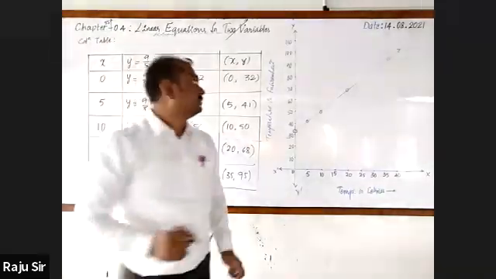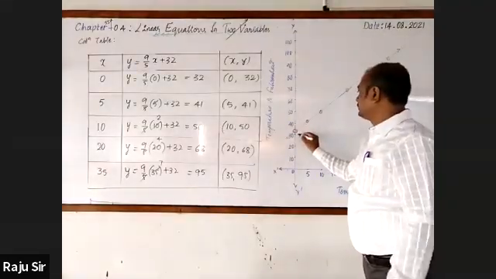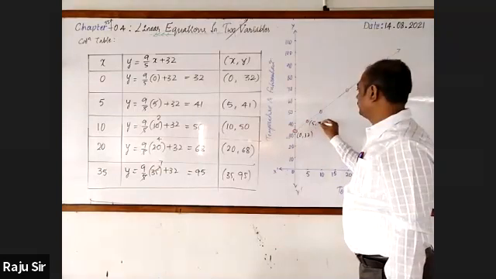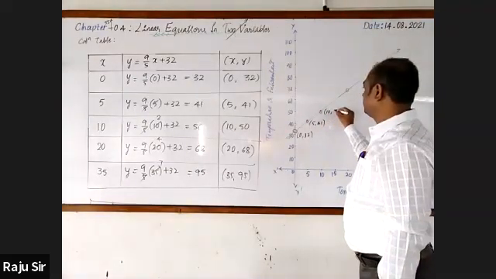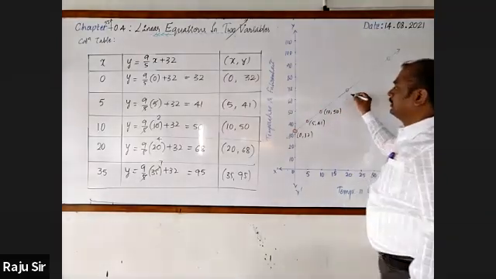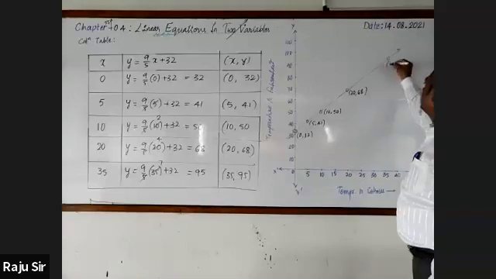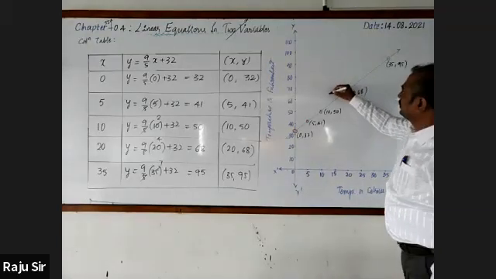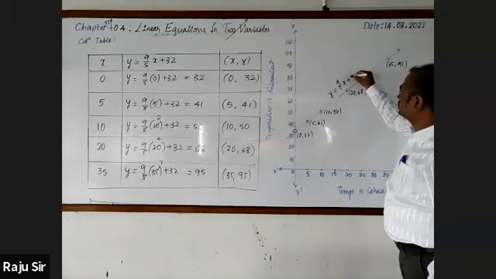Yes, sir, got it. Now write the coordinates: 0, 32; 5, 41; 10, 50; next, 20, 68; and 35, 95. Write the equation: Y is equal to 9 by 5 x plus 32.